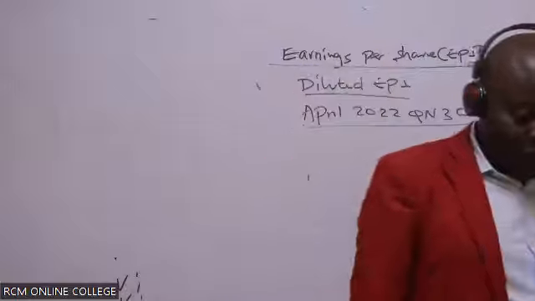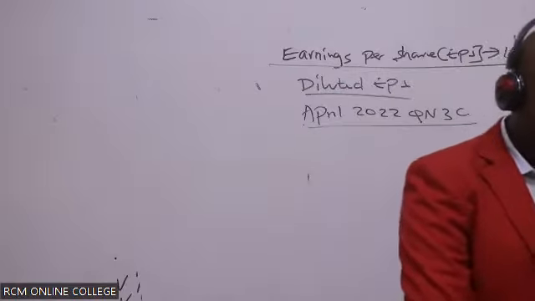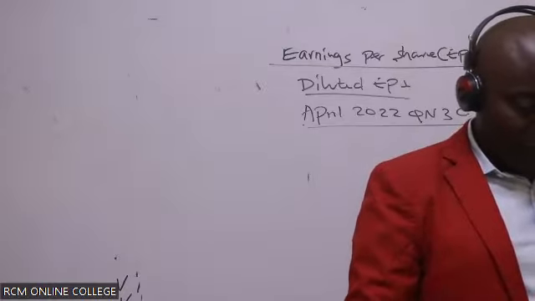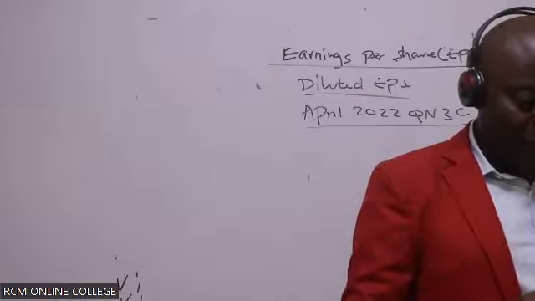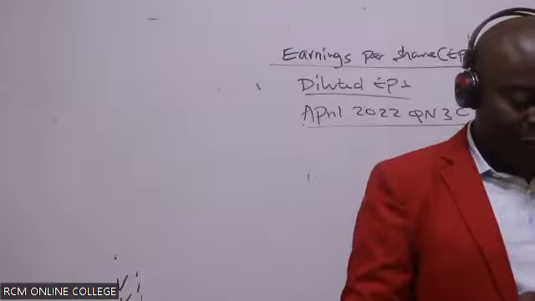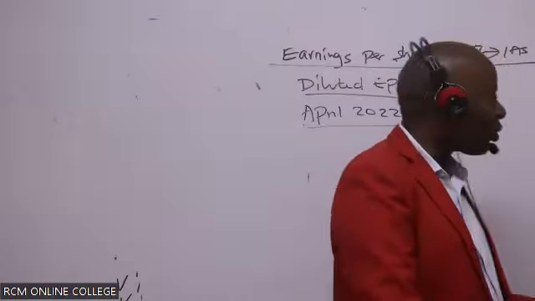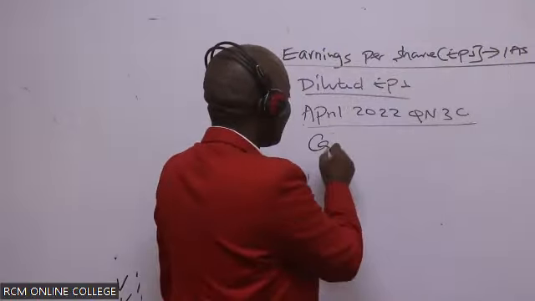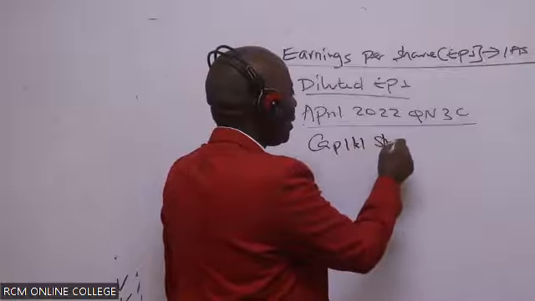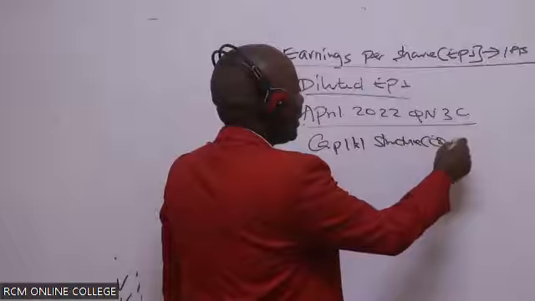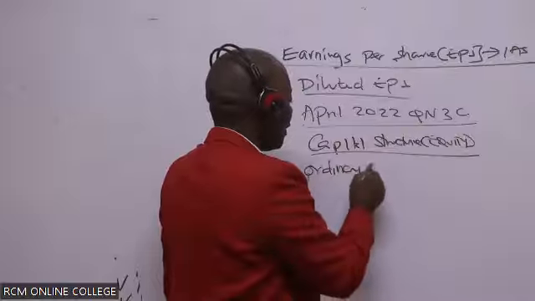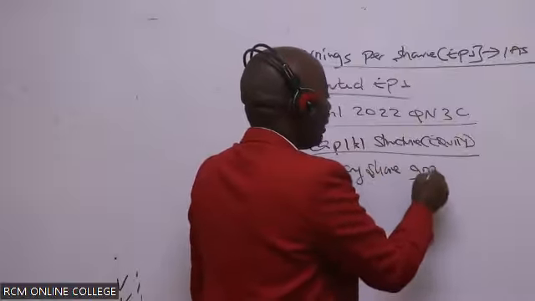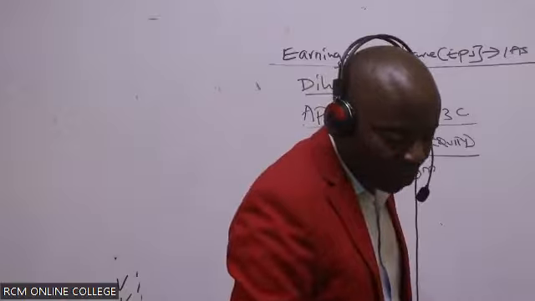So we are told there, R Limited, a publicly traded company, had 9 million ordinary shares of shillings 1 par value, and then 1 million, 7% redeemable preference shares of shillings 10 par value each, on 1st October 2020. So basically, they are giving us the capital structure, the equity component. Ordinary shares were 9 million, each with a par value of 1.